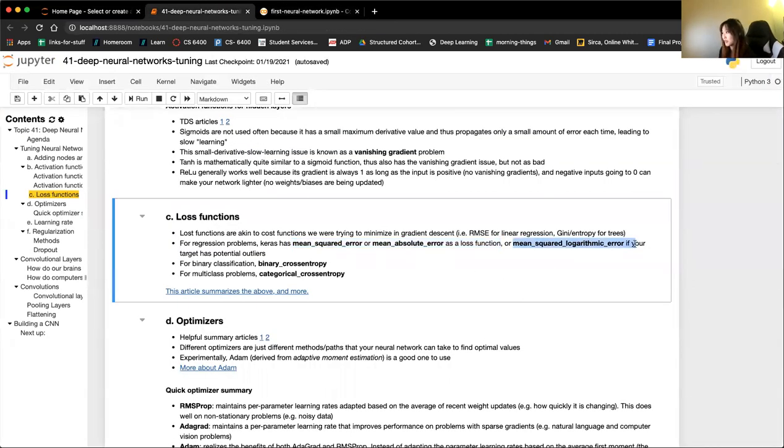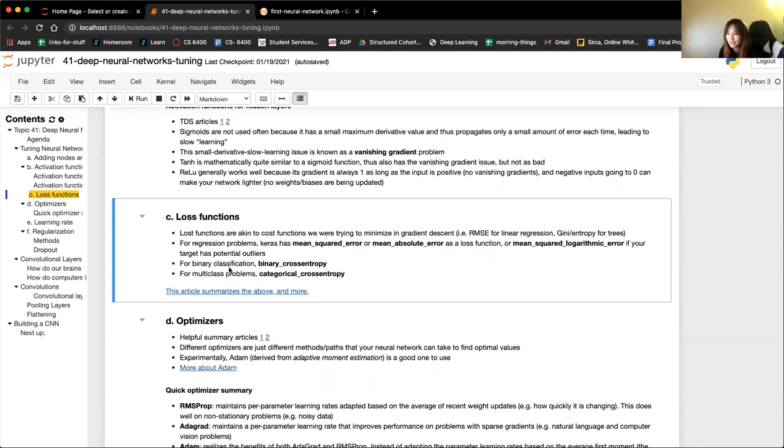There's also mean squared logarithmic error if your target has potential outliers, which is pretty cool. If y'all remember the housing project, it's been a while since then, we had a lot of outliers on the high side, so mean squared log error might be better. To be honest, I've never really used mean squared log error, but it could be something that's cool to try.